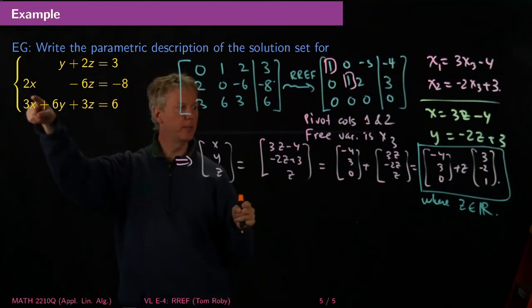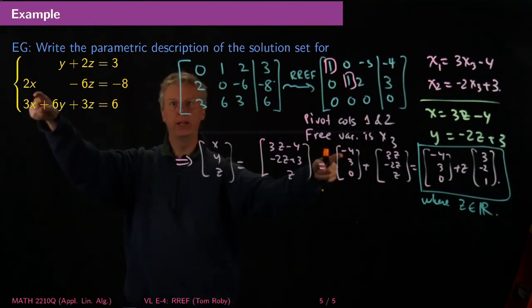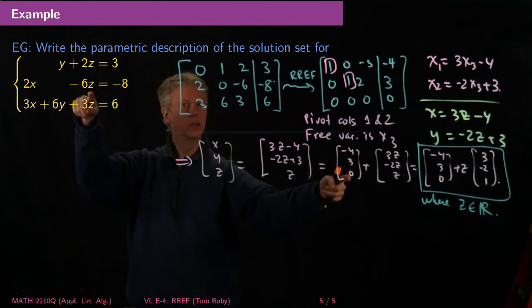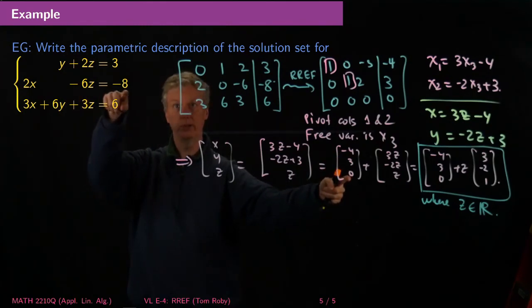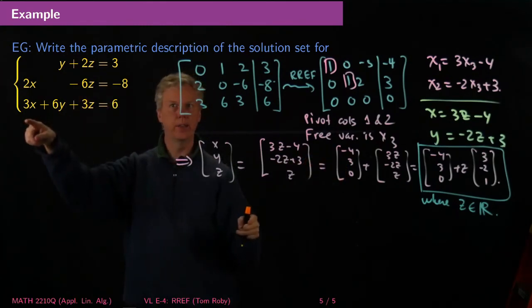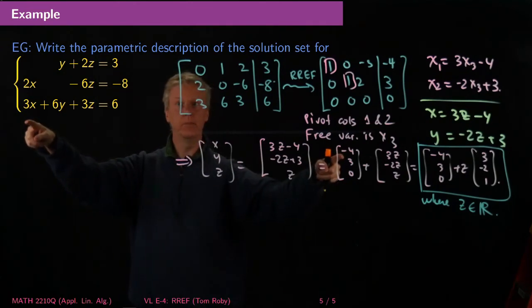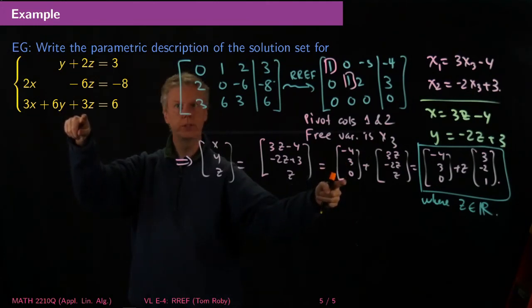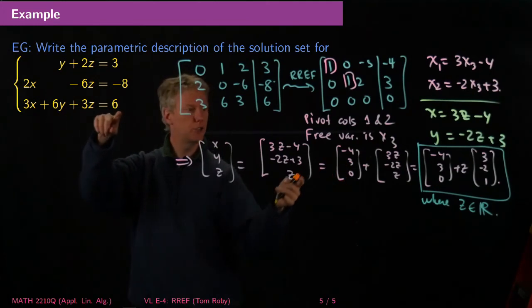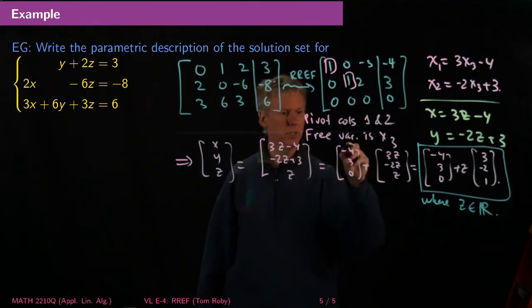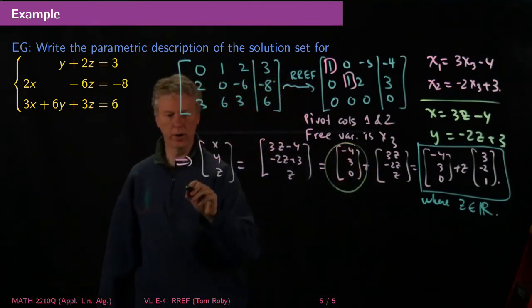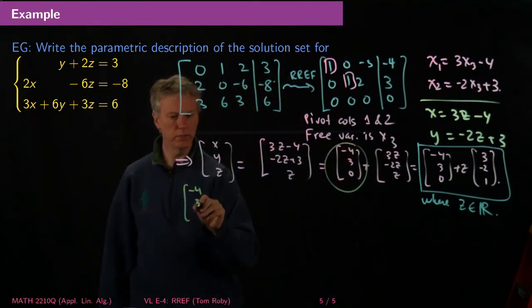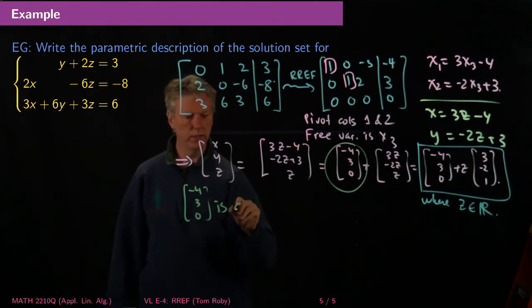And then here I'm saying that minus 8 minus 0 is equal to minus 8, check. And then for the last one, I'm saying minus 12 plus 18, so that's 6, plus 0 equals 6, check. So it works. So minus 4, 3, 0 is a solution.